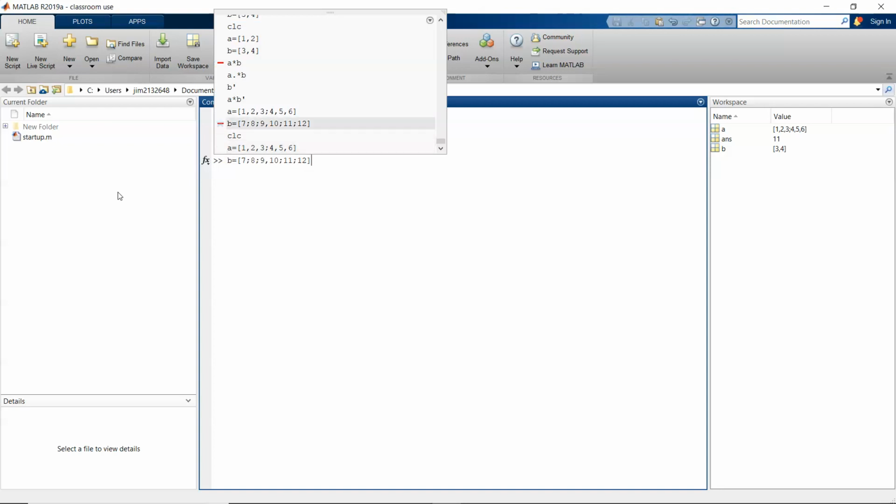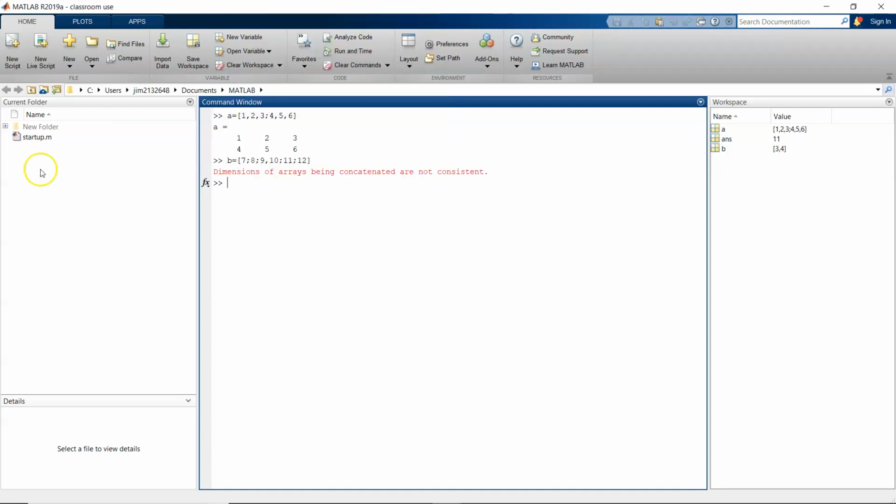I'm going to try to do something. It's not going to work. What I'm trying to say is, okay, 7, next row, 8, next row, 9, next column, 10, next row, 11, next row, 12. Here's a way to fix that. I want to show you guys a way to fix that. Just do this. Oops, I put the wrong bracket in the wrong place.